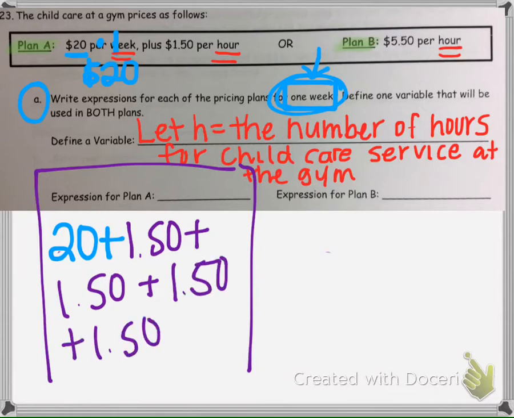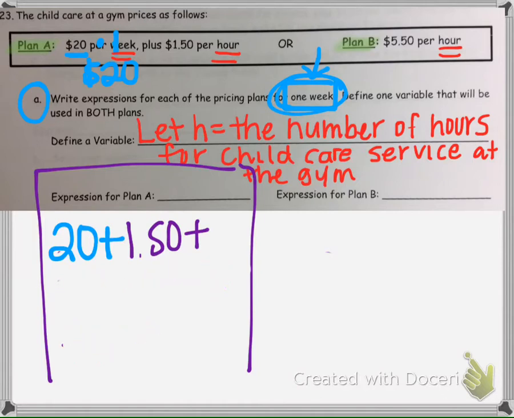We're going to keep adding $1.50 over and over again, which is the same thing as multiplying, but the problem is we don't know how many $1.50s we're adding, so that's what multiplication is for. So if we multiply $1.50 by the number of hours, that would give us our expression for Plan A for the gym.